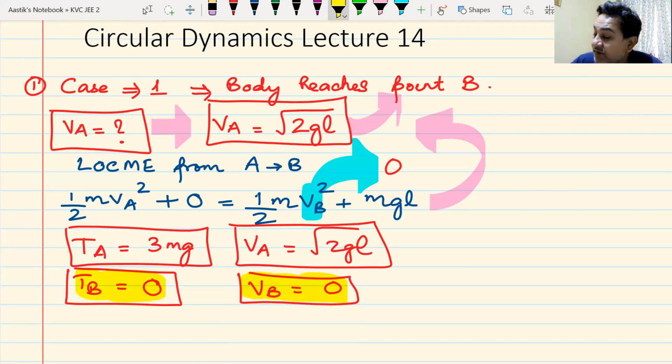This is the condition when the body just reaches point B. Do we all understand this? Yes, sir. Have you noted this down? I'll give you a second to note this down, and then we will move on to case number 2.